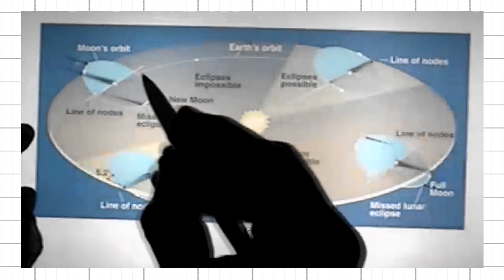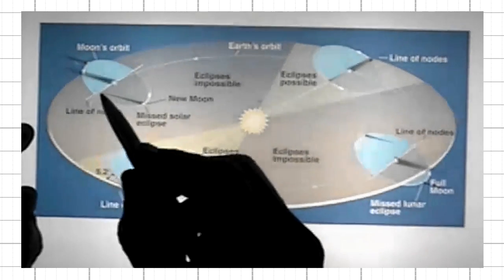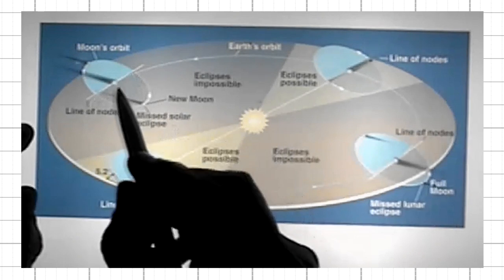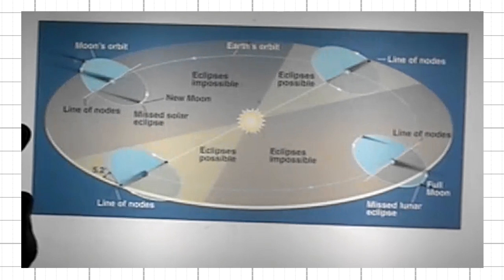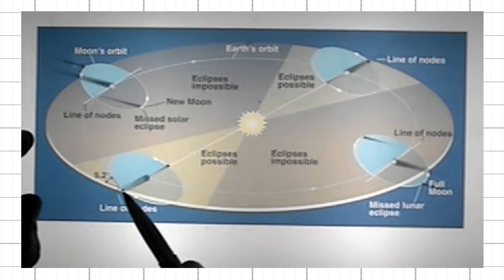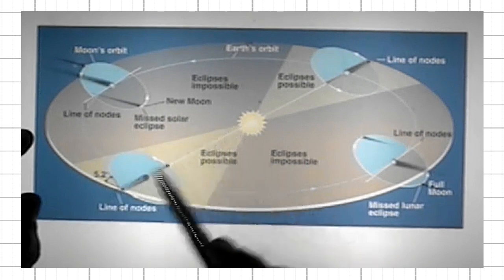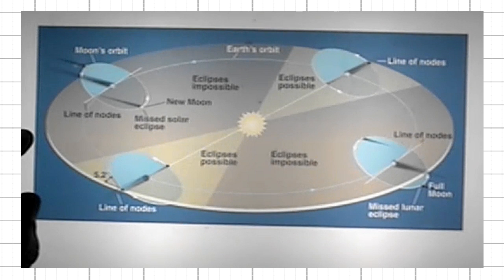And here are the nodes, right? And the line connecting the 2 nodes, the 2 points where the moon passes through the plane of the ecliptic, when that line points to the sun, the eclipses are possible, right?